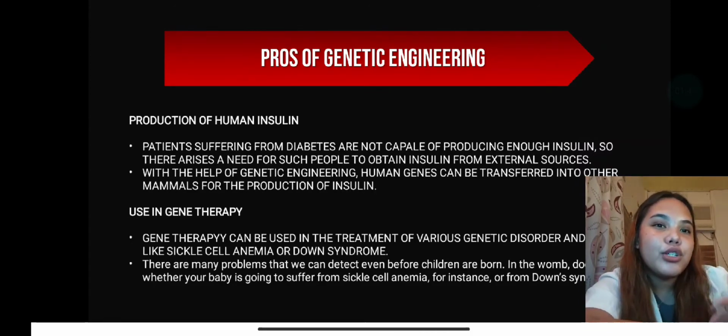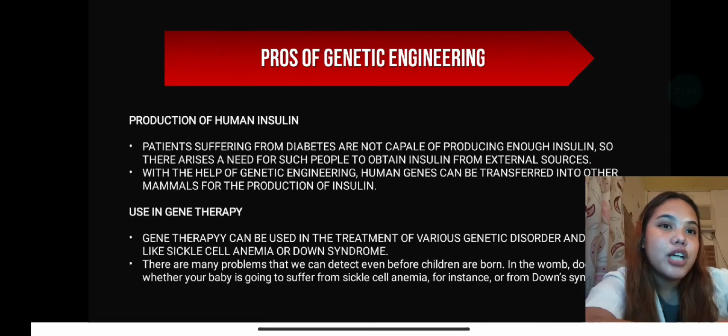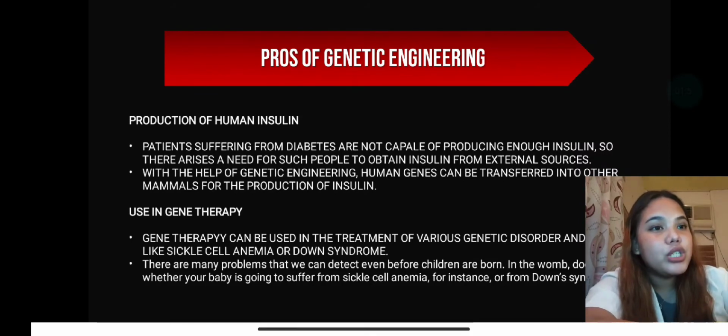So the production of insulin is the treatment for patients who suffer from diabetes. With the help of genetic engineering, human genes can be transferred into other mammals for the production of insulin.